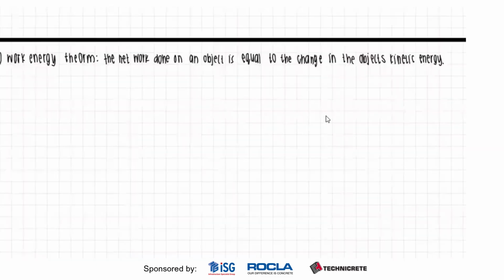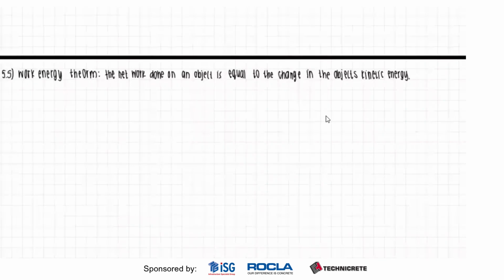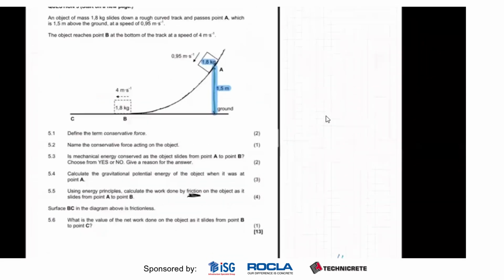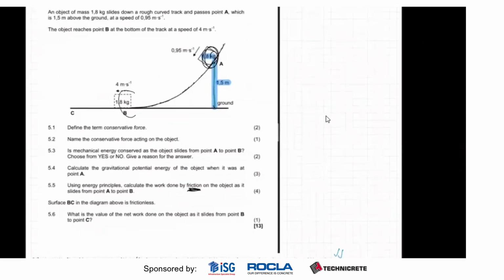So this is the theorem that I'm using. The net work done on an object is equal to the change in the object's kinetic energy. So we can see that we've got a change in the object's kinetic energy going from the top of the ramp to the bottom of the ramp.